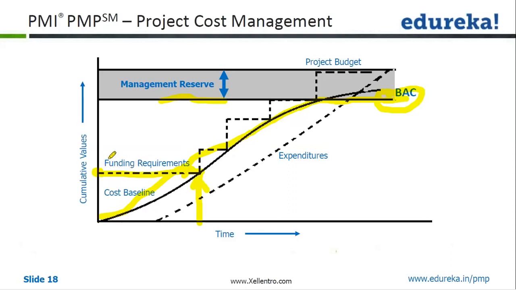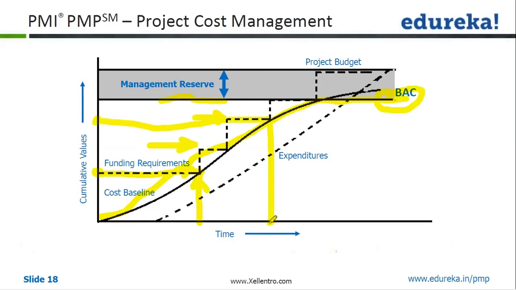So the funding requirements are different. It is not done from an S-curve perspective, but usually in steps, and these are the steps that we are seeing for funding. This is the point at which we do the funding for the project, and this is the cumulative value of that fund.